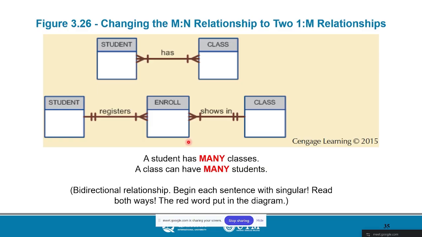Now, a student has many classes. A class can have many students. The bidirectional relationship: begin each sentence with singular and read both ways. The red words are put in the diagram. We can read it this way or this way. You can say a student has many classes, or you can say a class has many students.